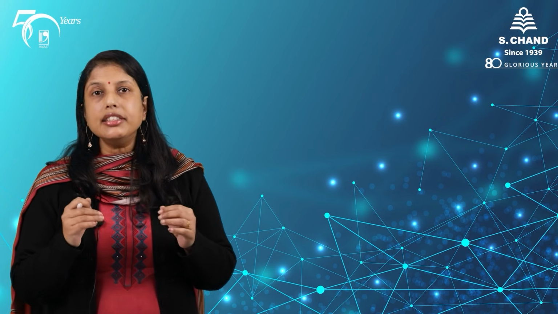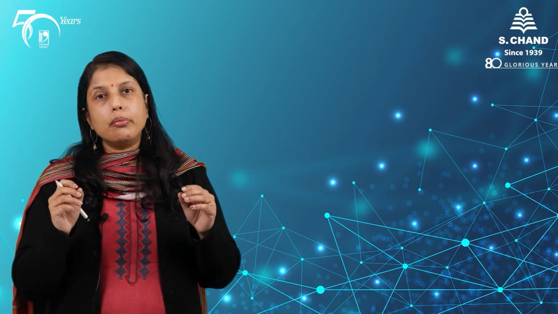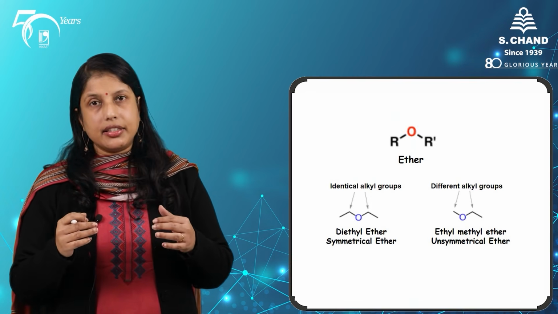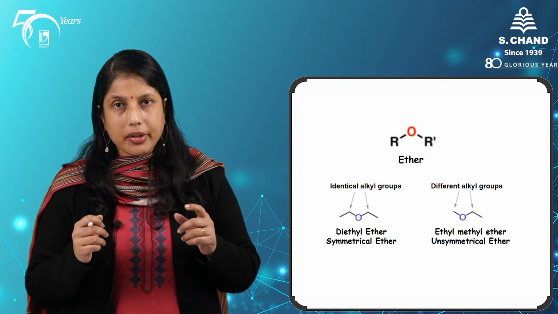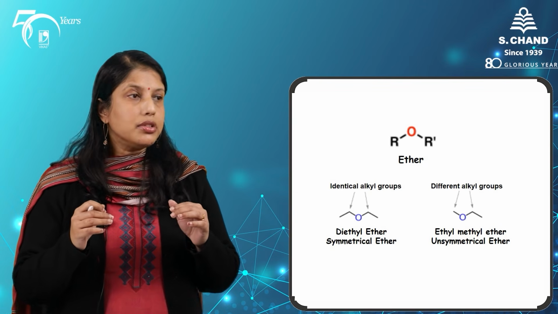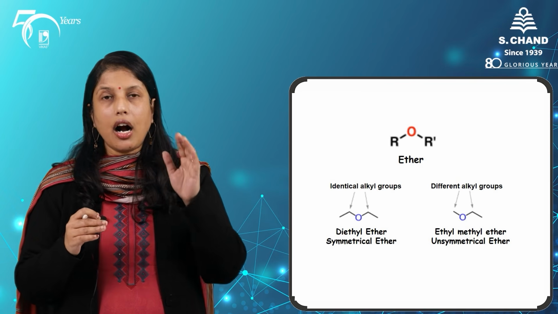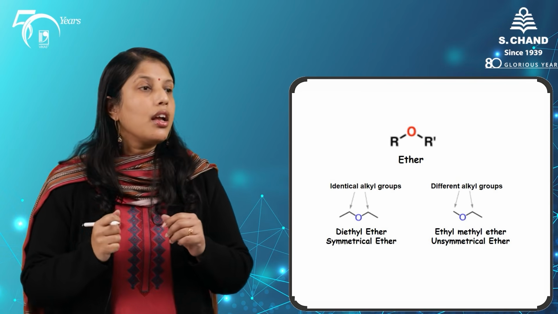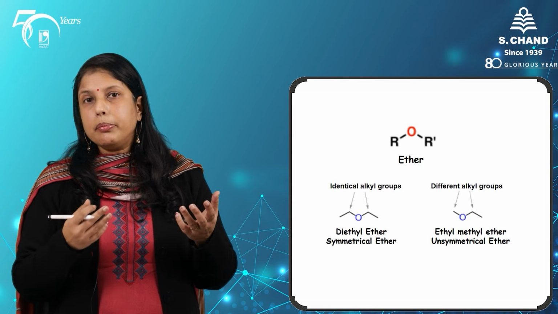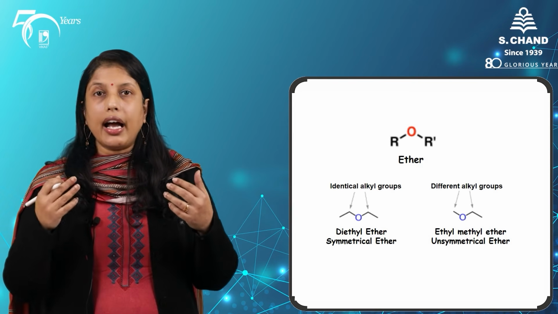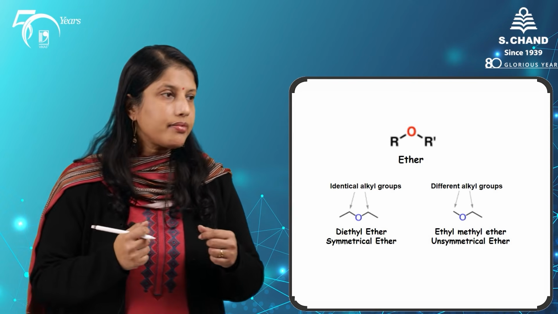Finally, we will end today's lecture with the Williamson's ether synthesis, one of the most reliable and versatile methods for the synthesis of organic compounds known as ethers. Ethers, if you remember, are those organic compounds with the general formula ROR, where the R can either be an alkyl group or an aryl group.